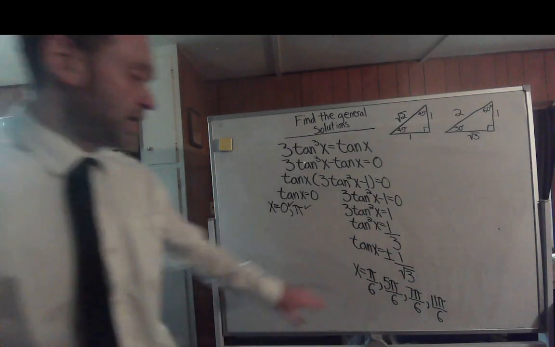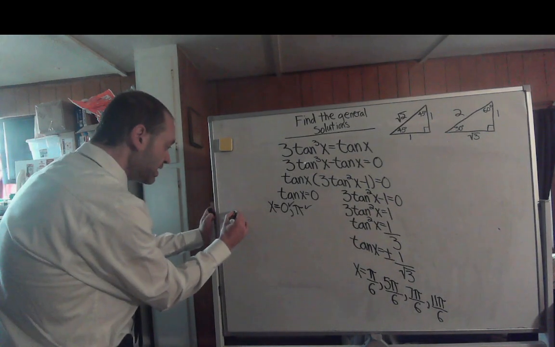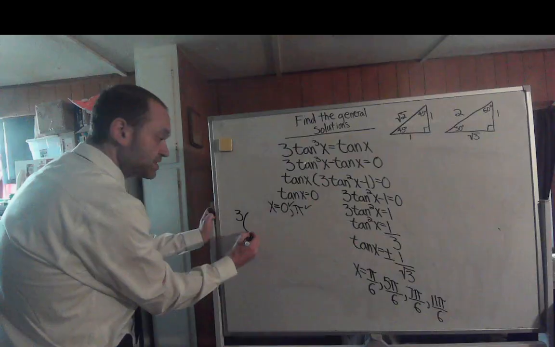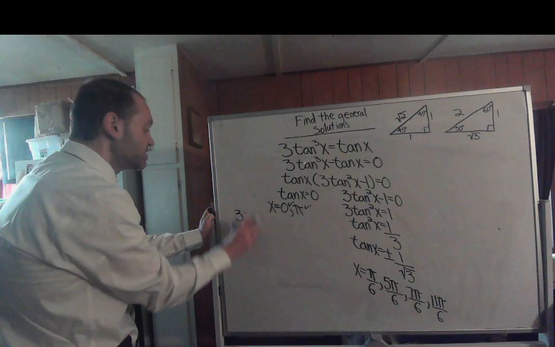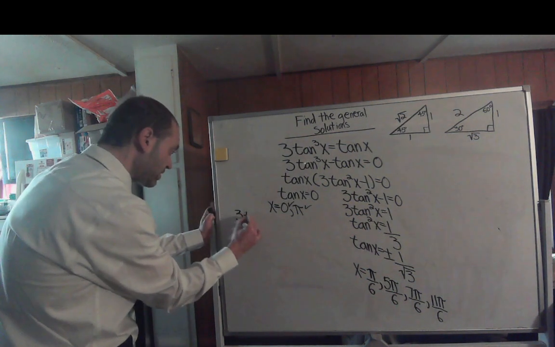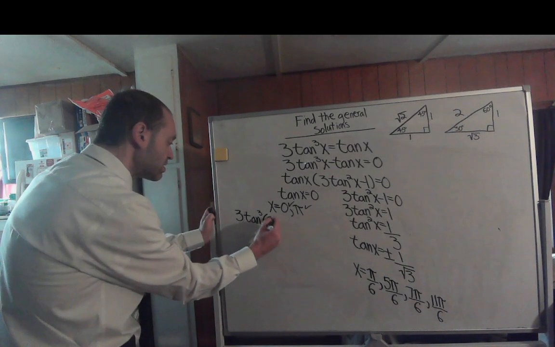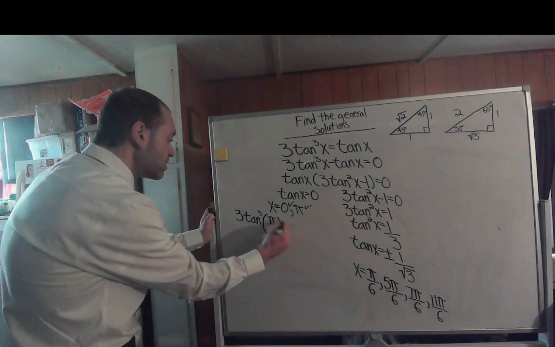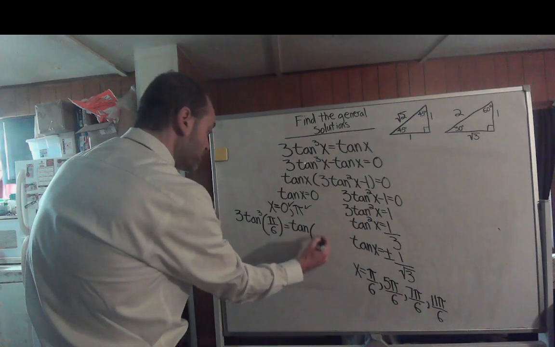Now, what about your pi over 6 multiples? So let's take 3 times the tangent cubed of pi over 6. Would that equal the tangent of pi over 6?